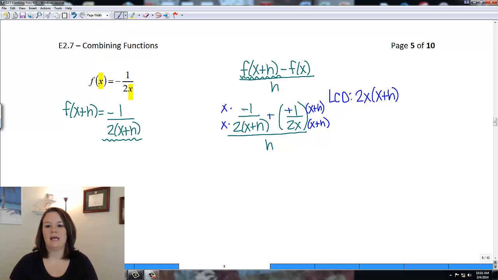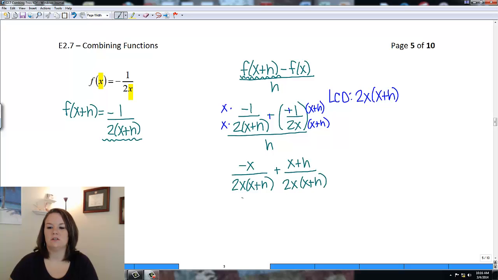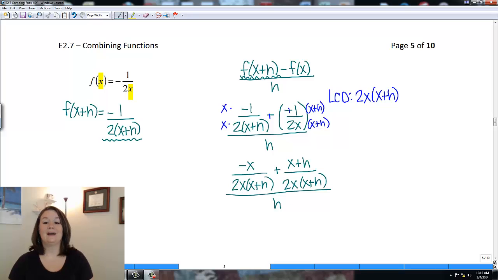This first term, x times -1 is -x all over 2 times x plus h, plus my next one I'm doing 1 times x plus h, which just gives me x plus h all over 2x times x plus h all over h. Okay, and now I just need to combine. I know it looks horrible, hang in there.